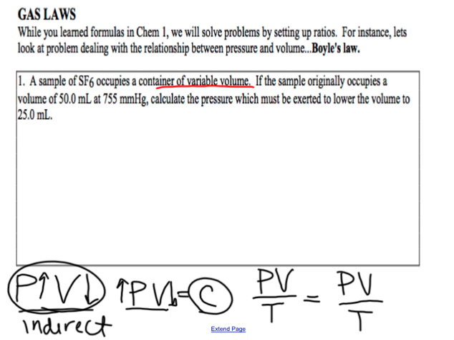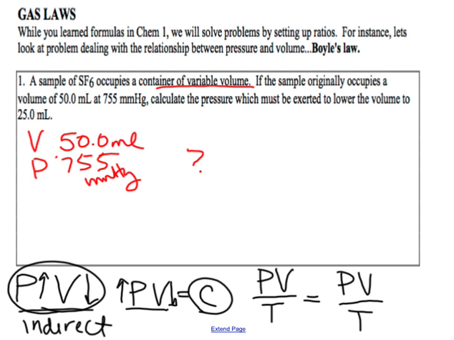So if we have SF6, it says it has a volume of 50 mL at a pressure of 755. Calculate the pressure which must be exerted to lower the volume to 25 mL.